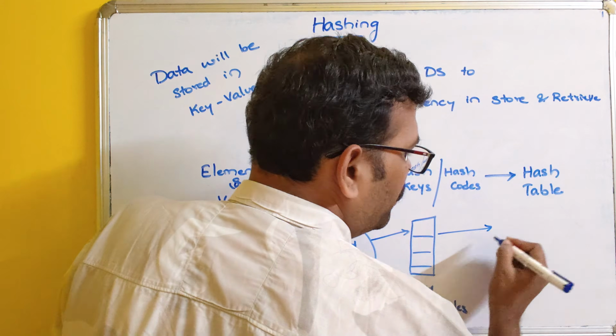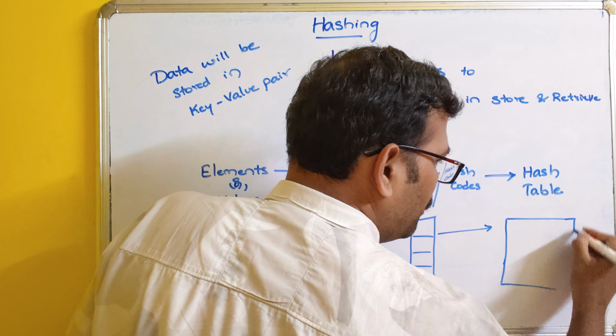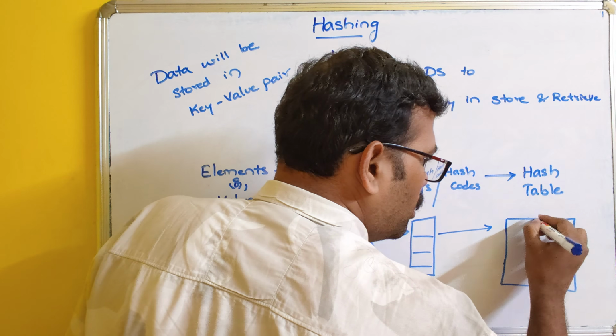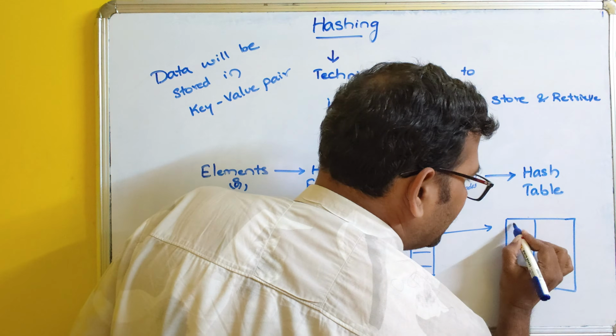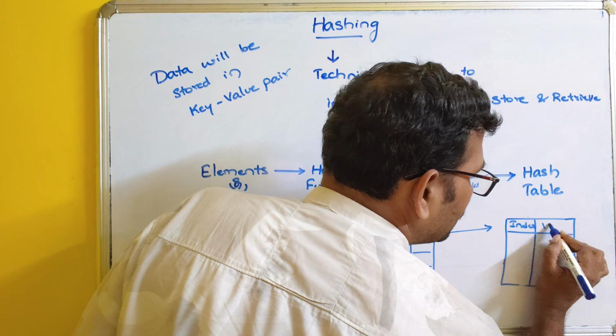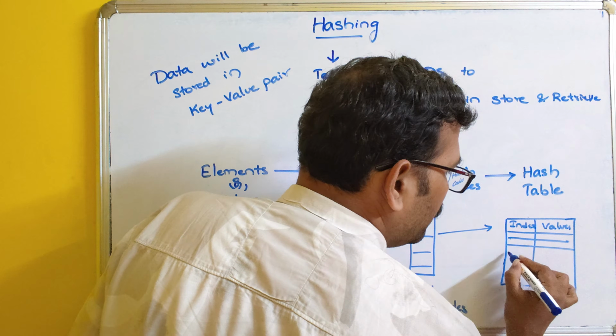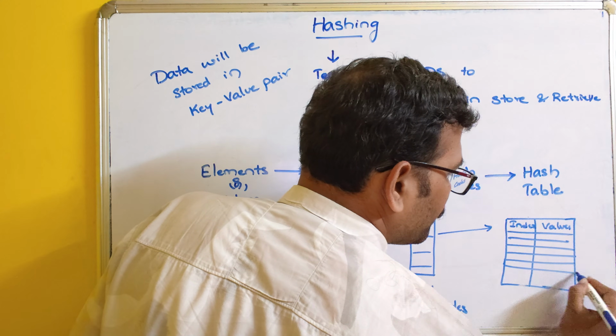This will be directly representing the memory, which will be having the hash table with 2 different columns. One is index, another one is values. So these are the different indexes.